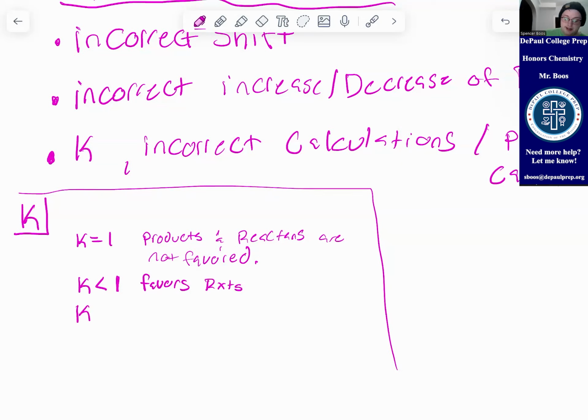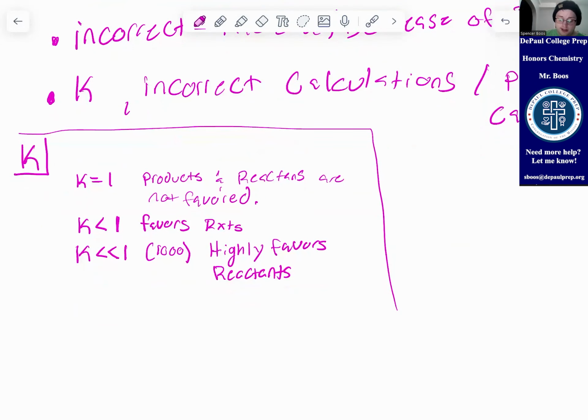When K is much less than 1, think of 0.001, it highly favors reactants. Of course, the opposite: if K is greater than 1, it favors products.